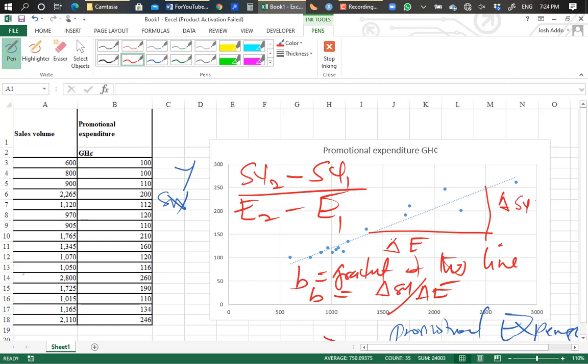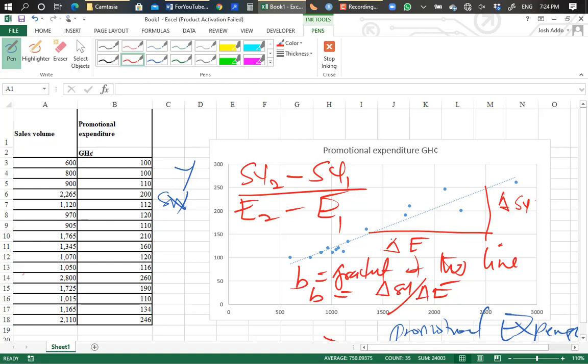So in this particular case, the sales volume being the dependent variable on the y-axis, and the expenditure, the cost, being the independent variable on the x-axis, then the measurement of B is change in y over change in x.